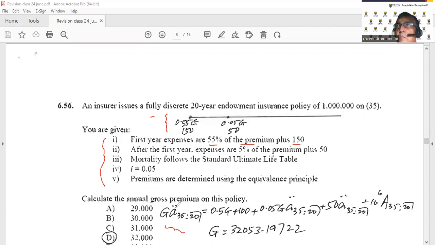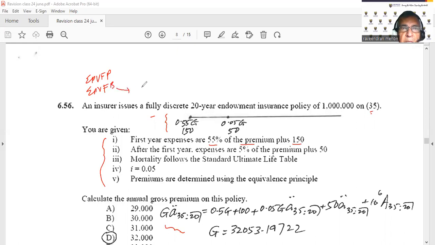The expected present value of your future premiums. That'll be G A dot dot 35 angle 20. So that's no problem at all. Then on your right-hand side, you should have expected present value of future benefits.